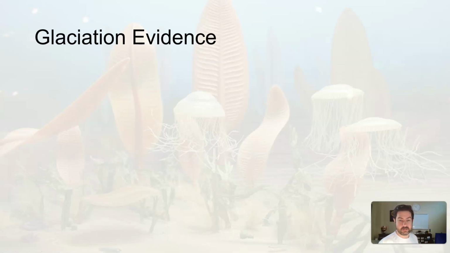So there is some evidence for glaciation, whether that happened in the near past or the way distant past. One of those is a type of rock called a tillite. Glacial till is any kind of material that gets deposited in the outwash of a glacier.